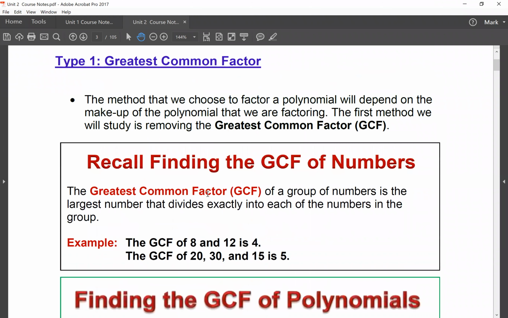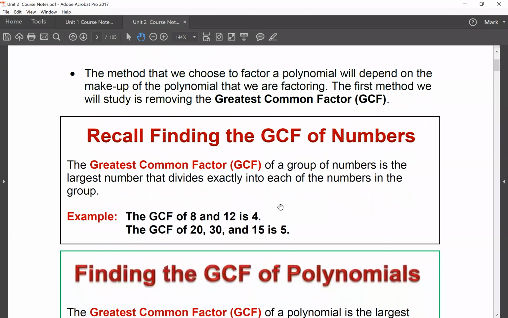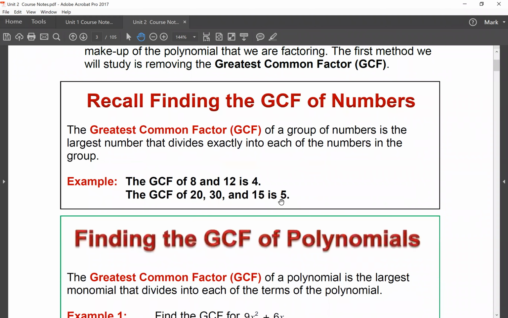So the first way to factor polynomials is to consider the greatest common factor, the GCF. This is my favorite way to factor. This is the easiest way, kind of like solving a puzzle. So this method is the greatest common factor method. Recall, what is the greatest common factor of numbers?